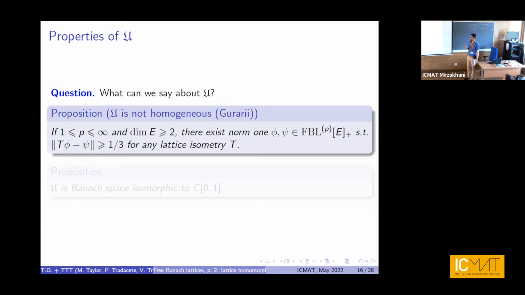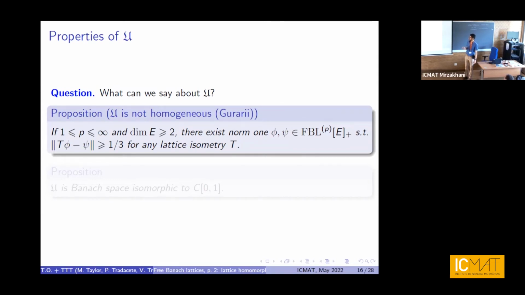Homogeneous roughly means that if you have a finitely generated sublattice in one position and the identical finitely generated sublattice in another position, then you can move one to the other. Well, here we don't even have this property for one-dimensional sublattices.